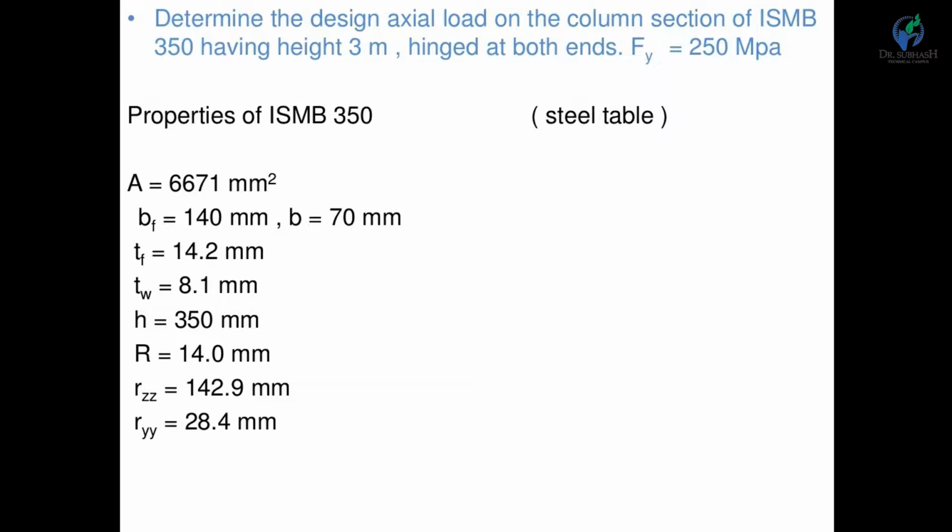BF means the width of flange. B means half flange width. TF means thickness of flange. TW means thickness of web. H means height of section. R is root radius. Then RZZ and RYY. These values you have to note down from the steel table if any section is given to you.